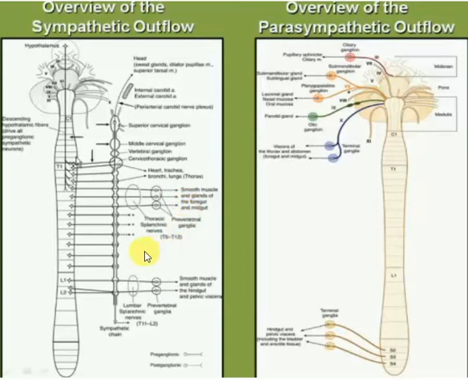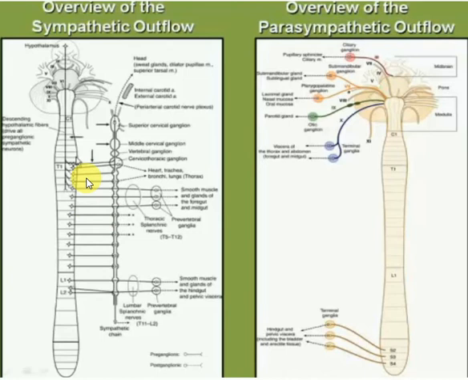So, as you can see, these are the postganglionic cell bodies of the sympathetic system. They are close to the CNS, very close to the spinal cord. They're in the paravertebral ganglia, just next to the vertebral column. So the moment the preganglionics exit from the spinal cord, they enter the ganglia right there.